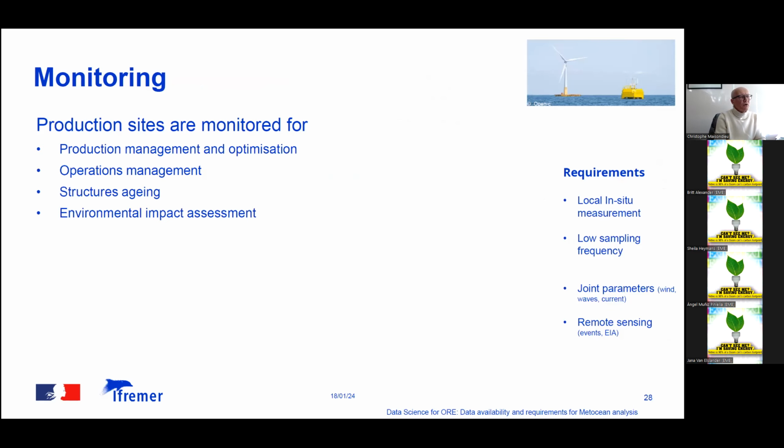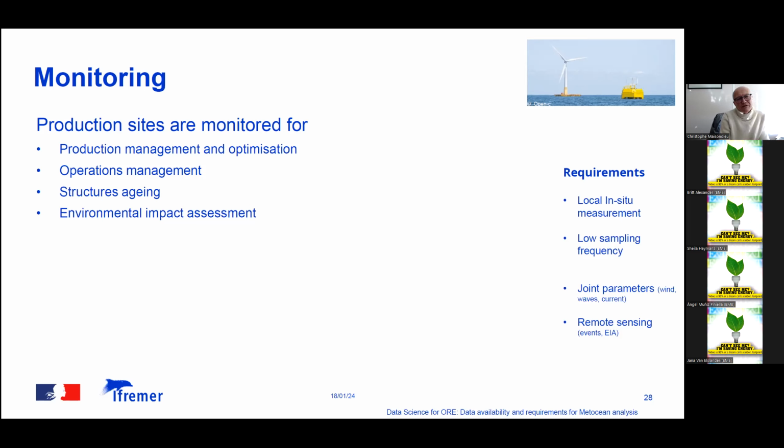Once the production structures are deployed at sea, they are to be monitored during their whole life. So the production sites are monitored with different objectives: production management and optimization, management of the operation, monitoring of the aging of the structures, and also for the purpose of environmental impact assessment.